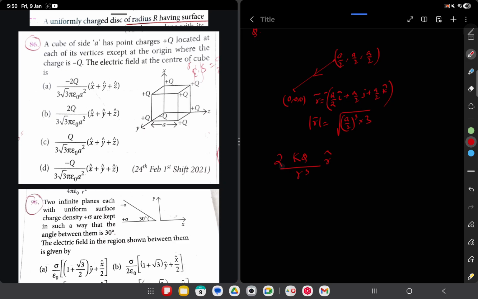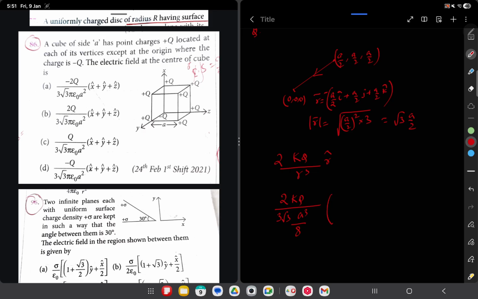So for two charges there will be 2 kq by r cube. Root 3 cube is 3 root 3, and a by 2 cube is a cube by 8, into r cap.